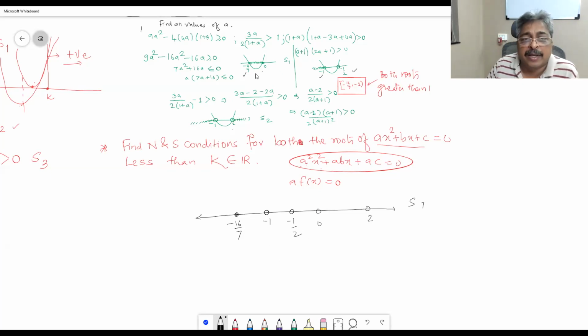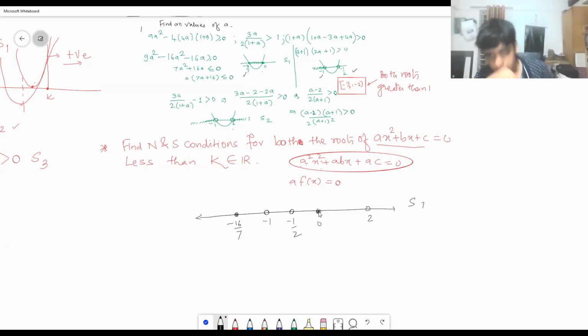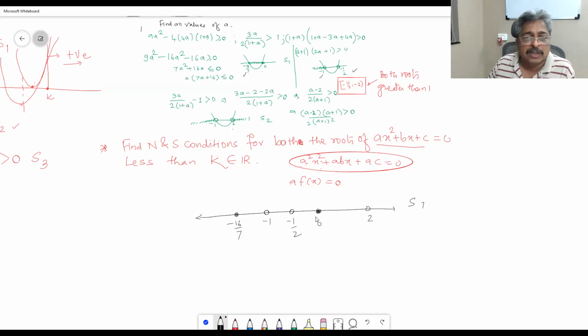0 is a dark circle, all others are hollow circles. Now S1 continues to remain the same. Let me mark S1 in red. Now S2 will be the complement of this, and still these circles are going to be hollow. So S2 will look like -1, 2 and all points in between.